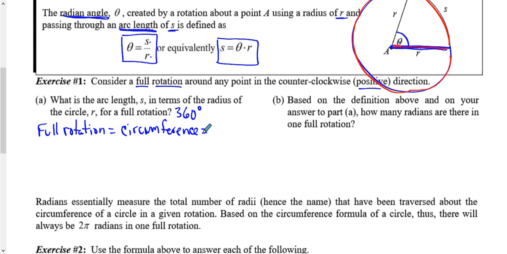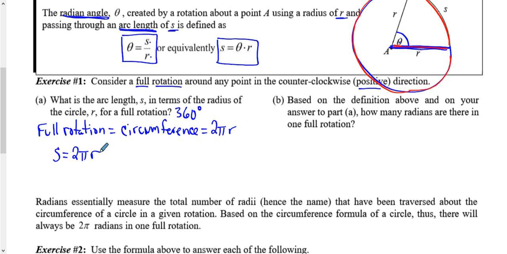C equals 2 pi times the radius, right? So if our arc length is the full circumference, the S is 2 pi r. So we just say that S, our arc length, is 2 pi times the radius. That's like the simplest one, right? That's a full circumference. So the arc length goes all the way around, and so its length is 2 pi times r, all right?